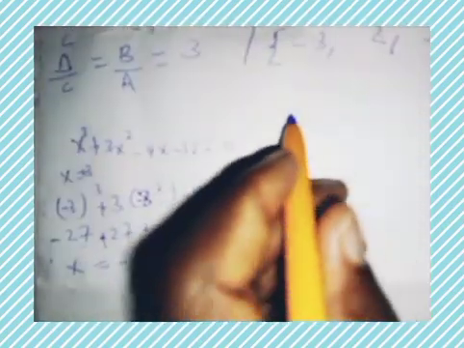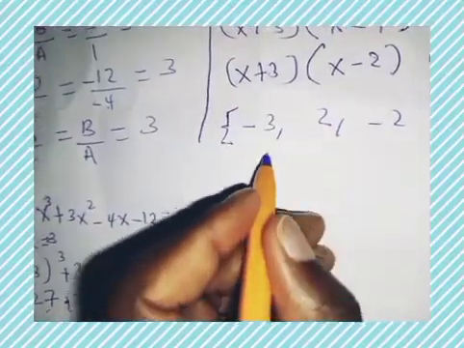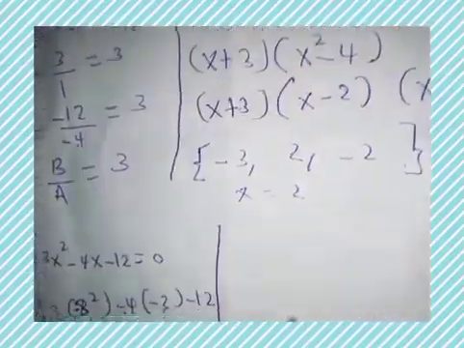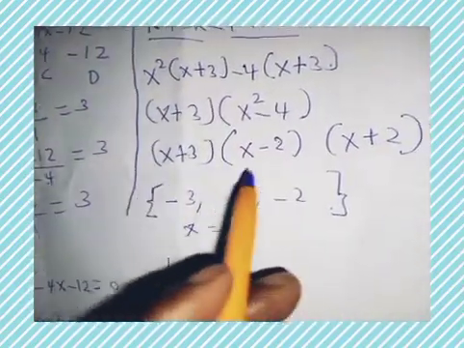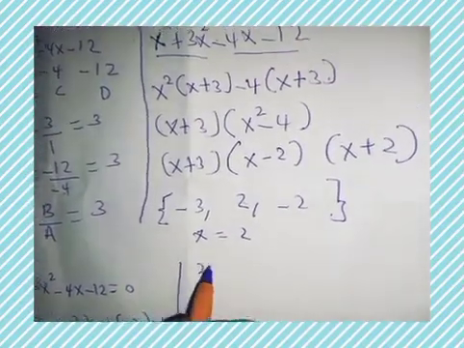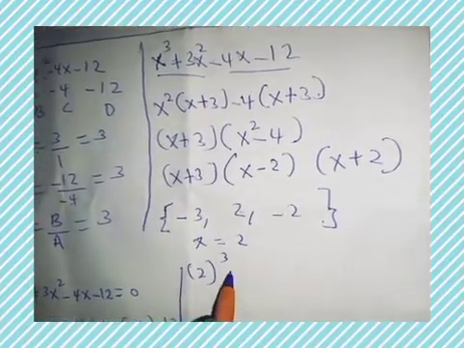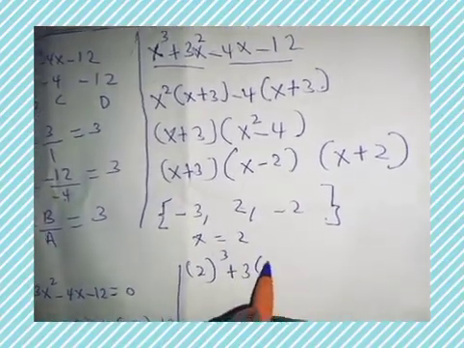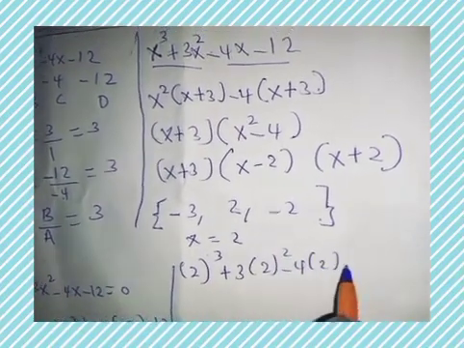The other one is x is equal to 2. So we insert it here. So you have 2 cubic plus 3 into bracket 2 squared minus 4 into bracket 2 minus 12.